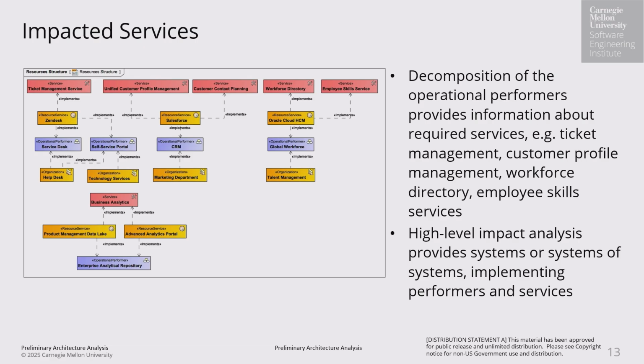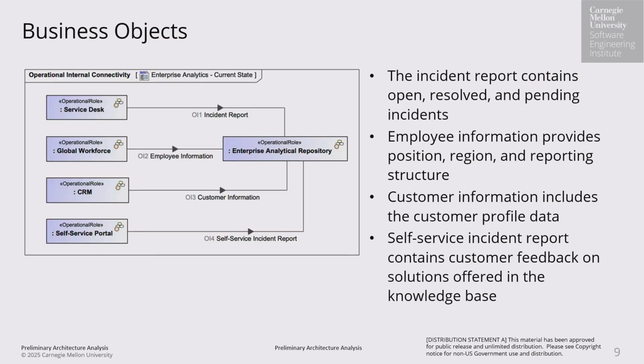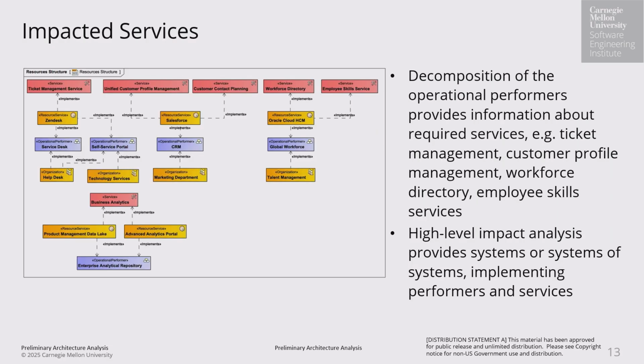And you have seen these performers before over here, right? CRM, global workforce. So when you come to analysis of impacted services over here, CRM is here, global workforce, you recognize these performers. You start with the performers and you move on to impacted services doing this type of analysis.